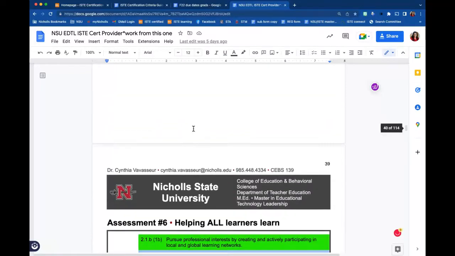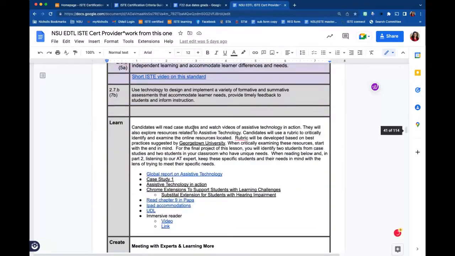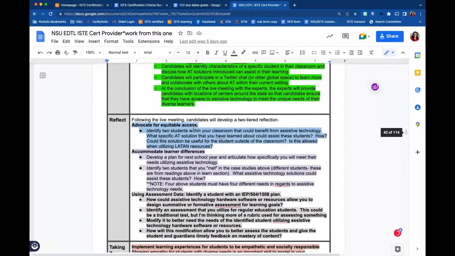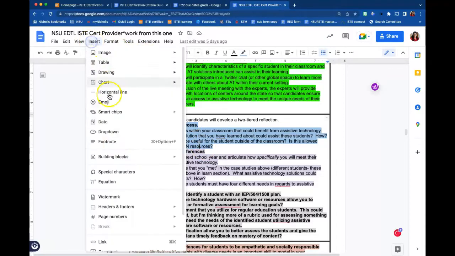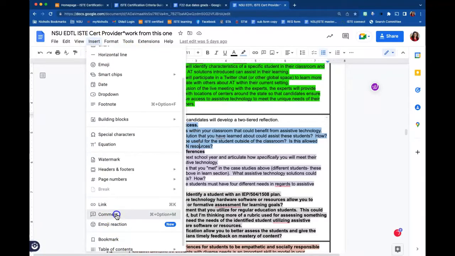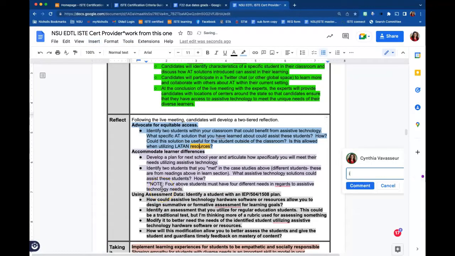Okay, so in Assessment 6, we did it right here by identifying 2 students within your classroom that could benefit from an assistive technology, and you told about a solution. The reason why I think the other assessment is better than this one is I don't remember if I had you implement the solution, which is something I'm going to need to do.